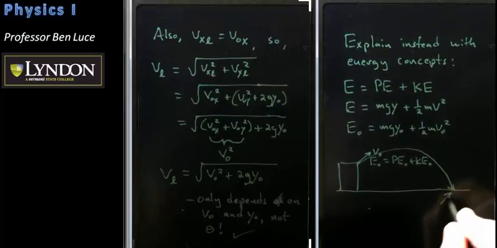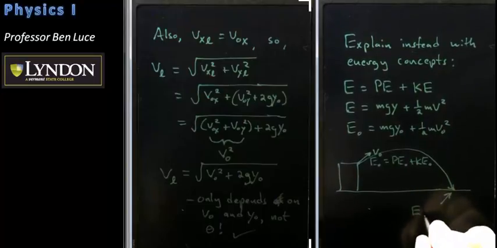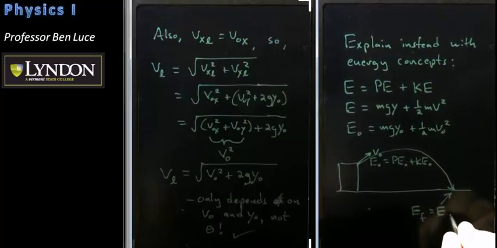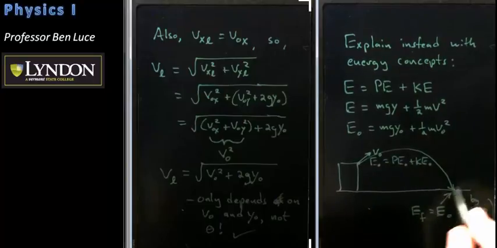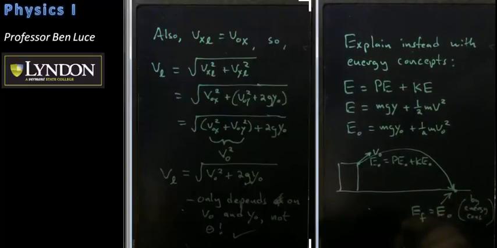The final total energy will still equal the initial total energy by energy conservation. Now, the final potential energy here, because we're at zero height, will be zero. So the final energy will simply be the final kinetic energy, which equals 1/2 mv final squared.